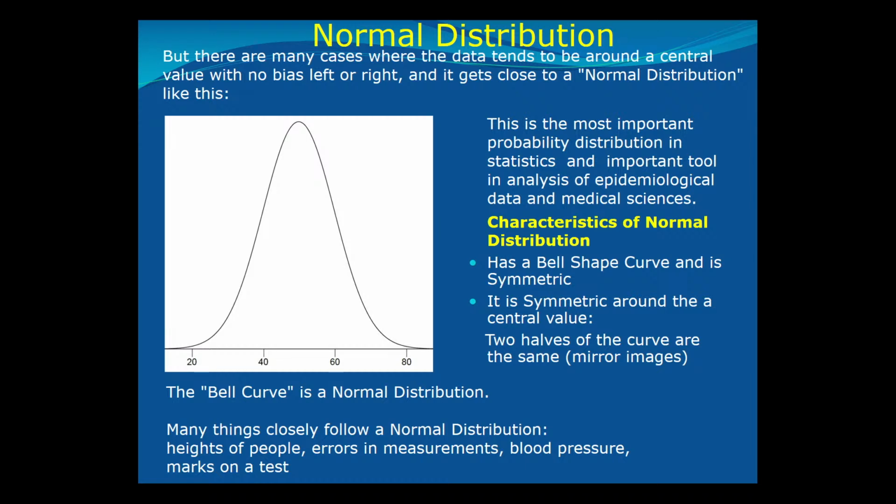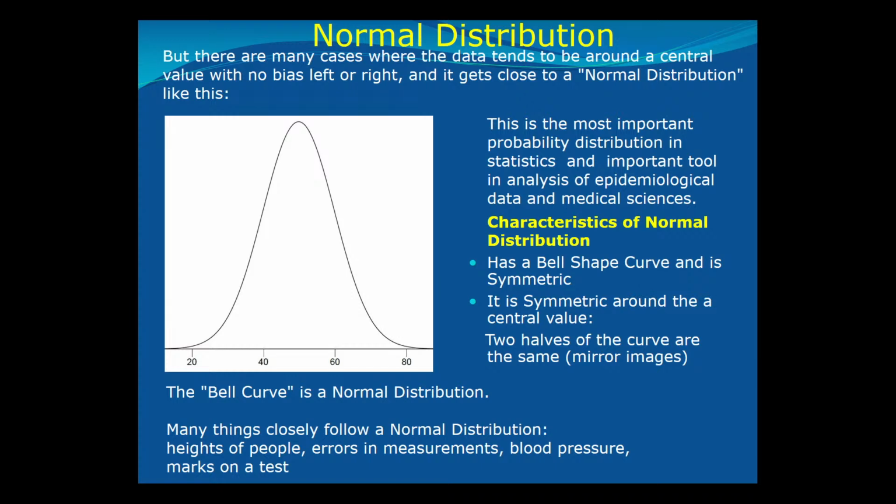On this graph, you see a graph of the normal distribution. Another name of the normal distribution is Gauss distribution, and the graph is a bell curve. All these terms are used for normal distribution. This is the most important.